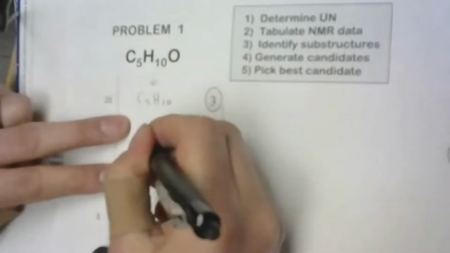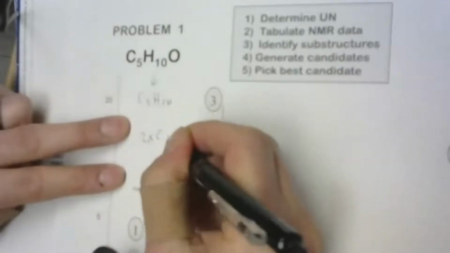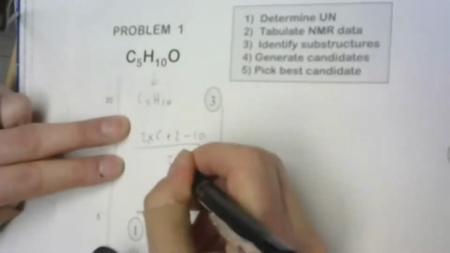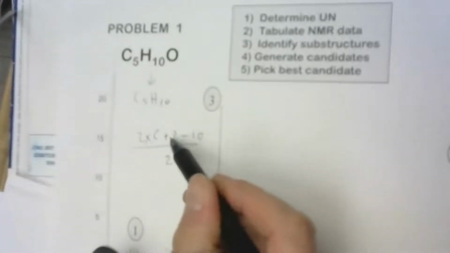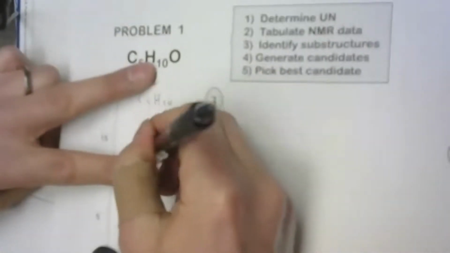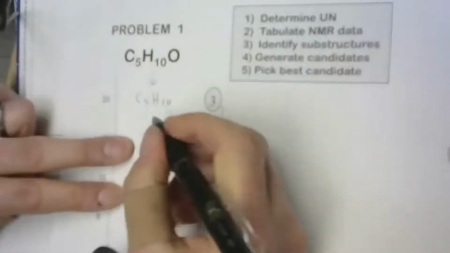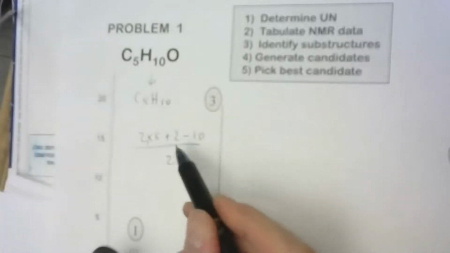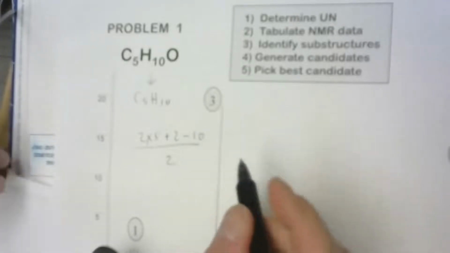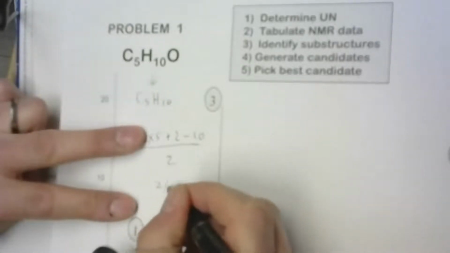And then I do 2 times carbon, plus 2, minus 10, all over 2. I put that +2 earlier just to avoid math issues. So 2 times the carbons, which are 5, is 10, plus 2 is 12. 12 minus 10 is 2. 2 over 2 is 1.